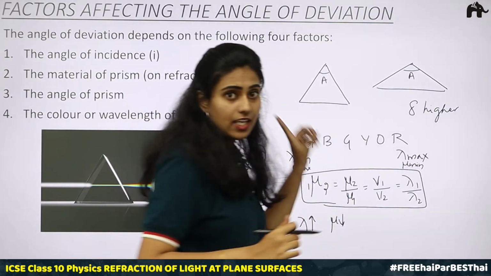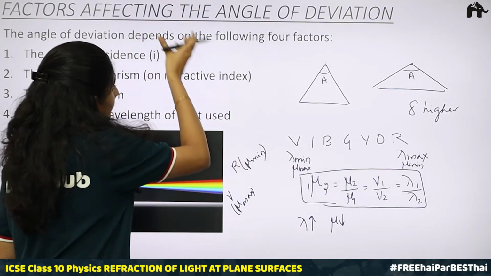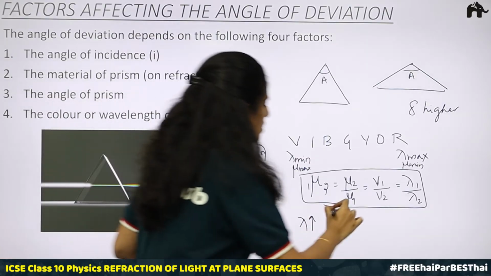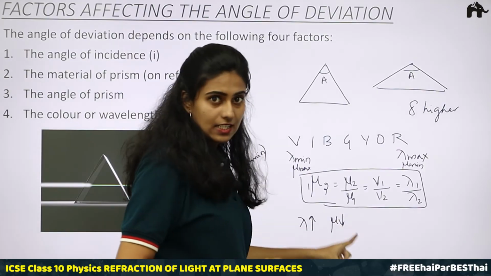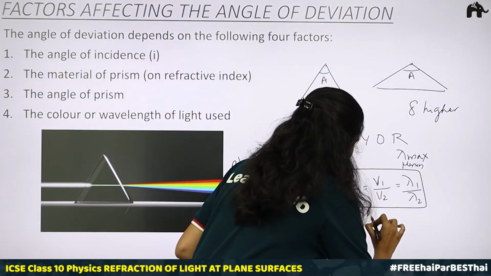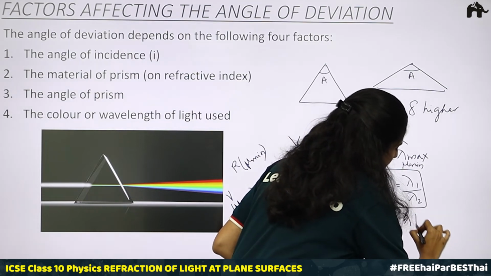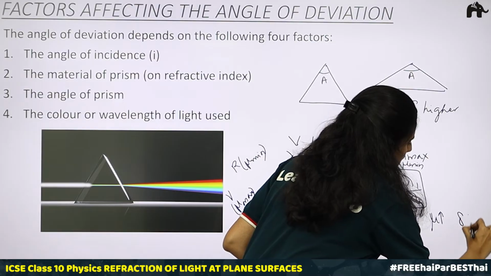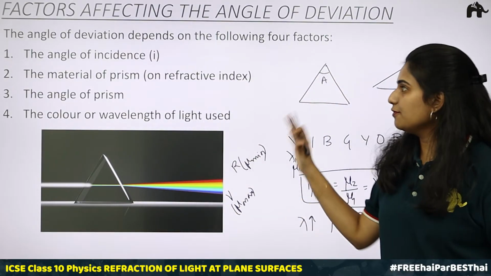We have studied the second point, the dependence of the angle of deviation on the refractive index. They are directly proportional, right? So when wavelength increases, refractive index decreases and the angle of deviation also decreases. Similarly, when the wavelength decreases, refractive index increases and the angle of deviation also increases. Clear? So these are the four factors.